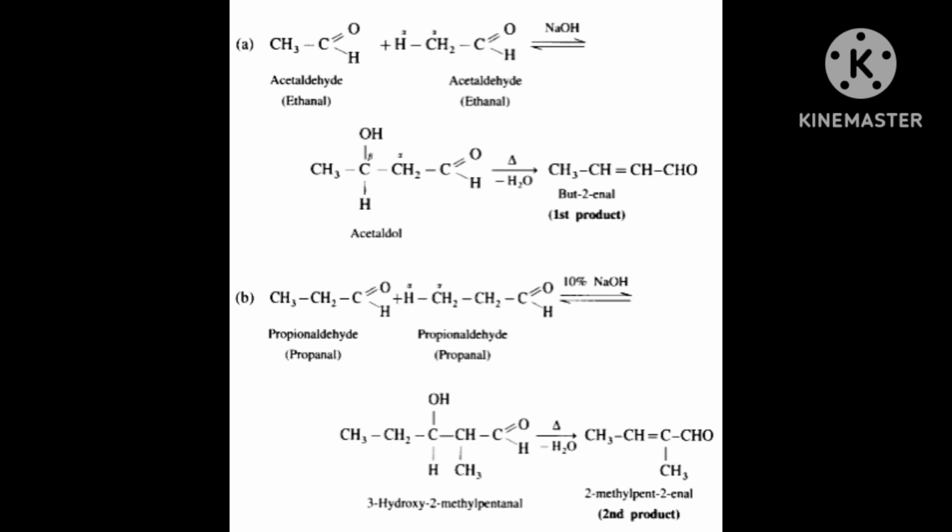They reacted themselves: CH3CHO, acetaldehyde plus acetaldehyde gave the first product, and propanaldehyde plus propanaldehyde gave the second product. Now I am talking about the other product, that is actually crossed or mixed, because now 1 molecule from acetaldehyde and 1 molecule from propanaldehyde will react.